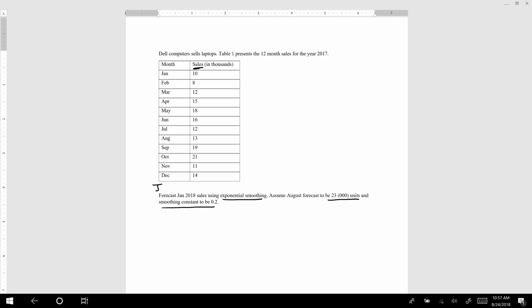So we wanted to forecast January 2018. To forecast January 2018, we need December's forecast. If you see the formula for exponential smoothing, F of t is equal to F of t minus 1 plus alpha times A of t minus 1 minus F of t minus 1.